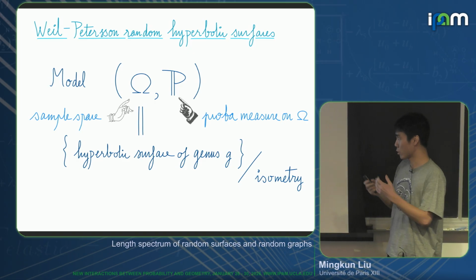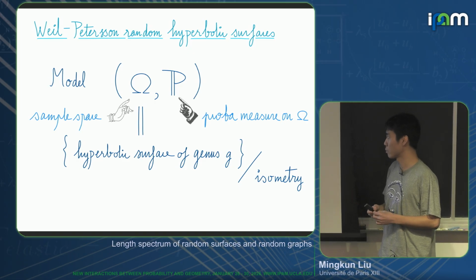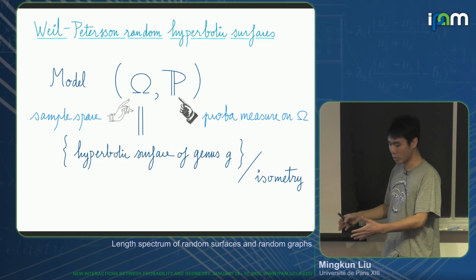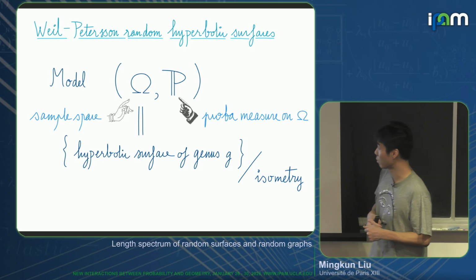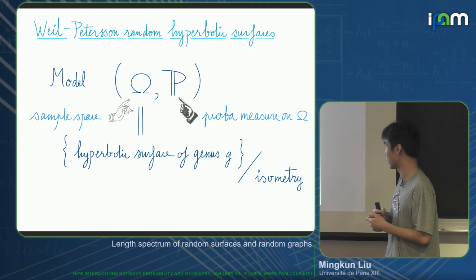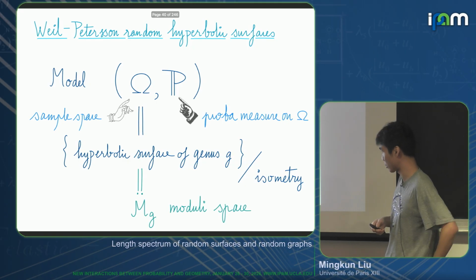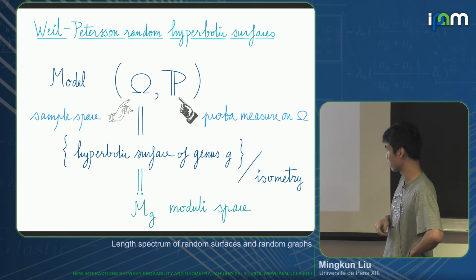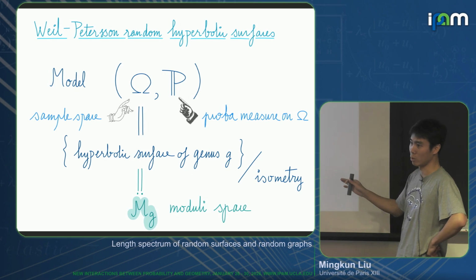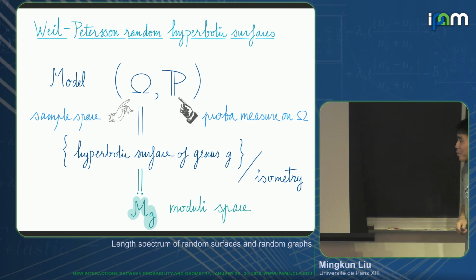For us, the model today will be: we fix the topology of the surface and study all possible geometry. So the sample space will be the so-called moduli space of hyperbolic structures, or of Riemann surfaces, of fixed genus. And I will just call this simply the moduli space.